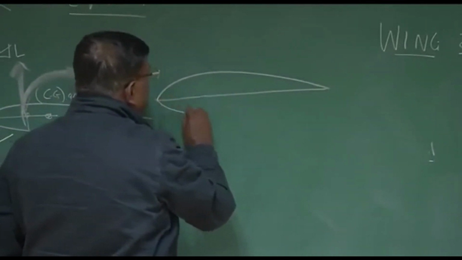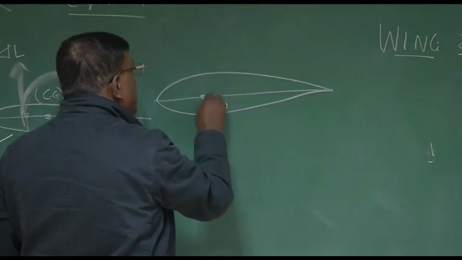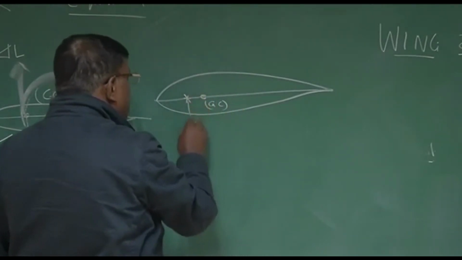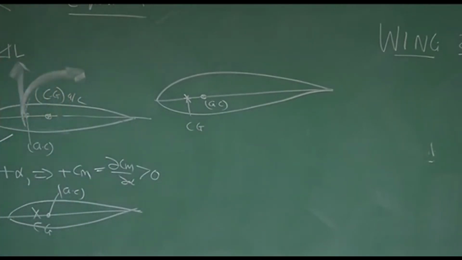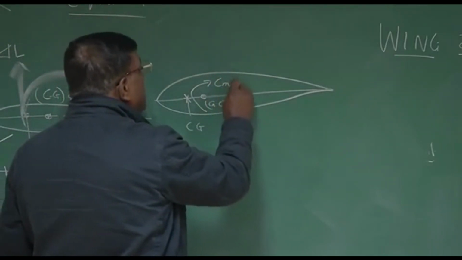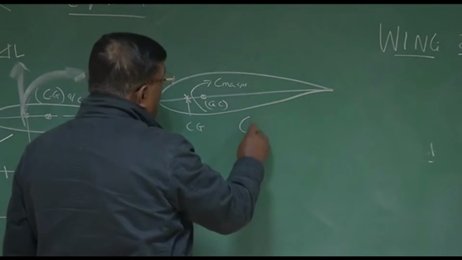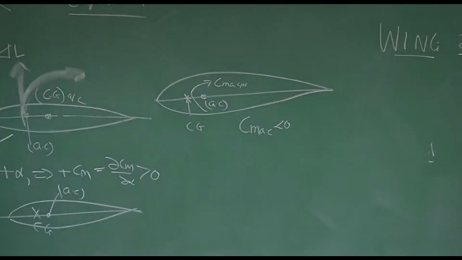If this is the wing, this is a cambered wing. If this is the AC of the wing and this is the CG of the wing, you know when we have a cambered wing aerofoil, we have got CmAC of wing which is less than 0, right? Typically minus 0.02, minus 0.1.